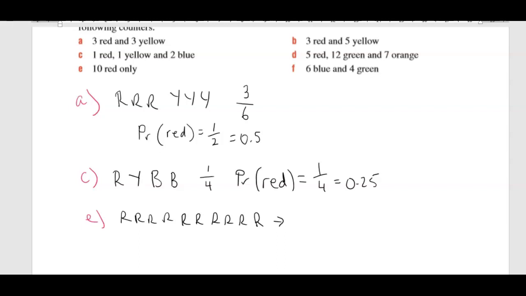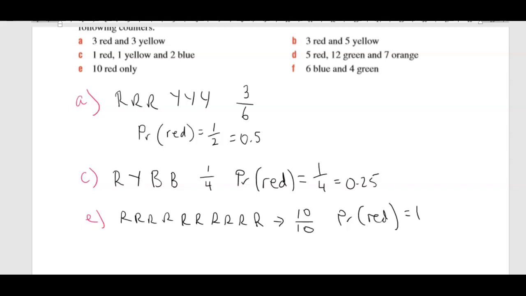Whoops, it's going to write equals. How many red do we have? We have 10. Out of how many possible counters? We've got 10. So the probability of red is 1. If we had a box with 10 red counters, the probability of picking a red counter would be certain.